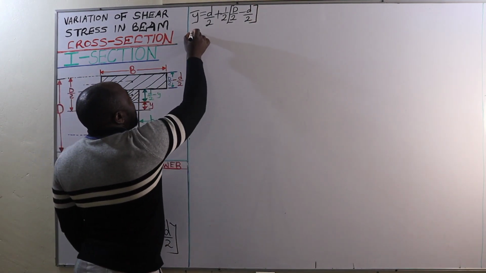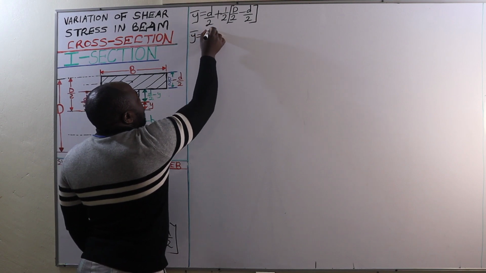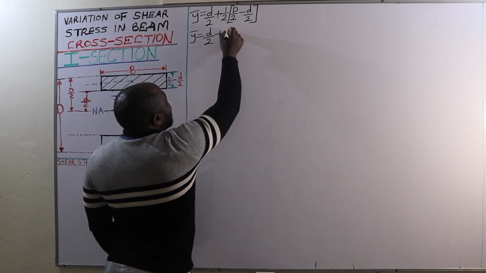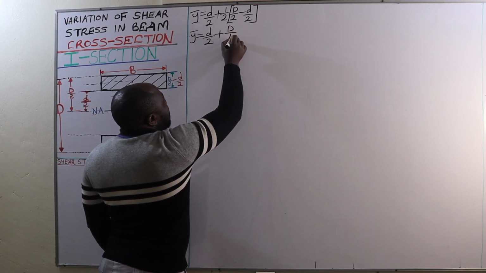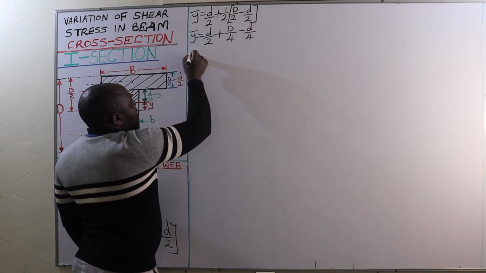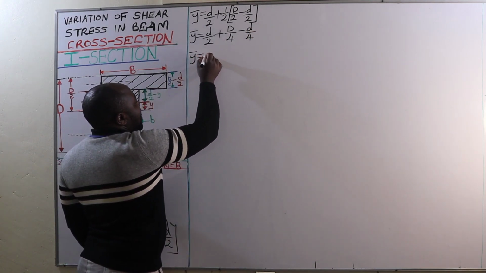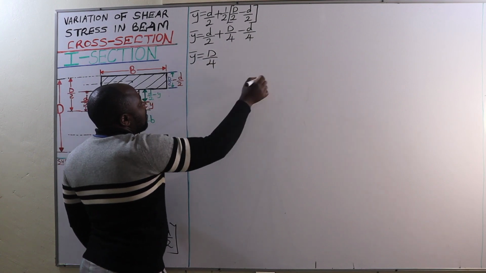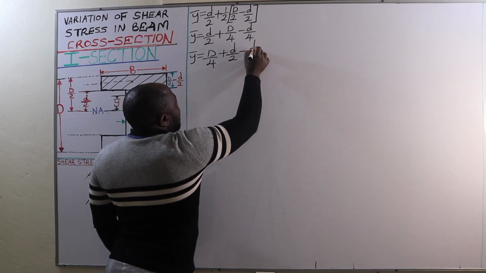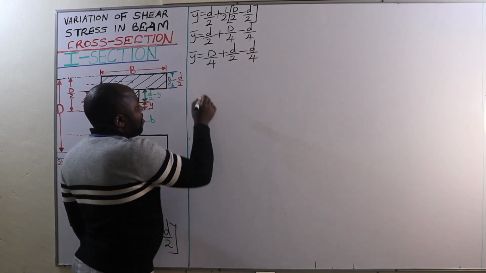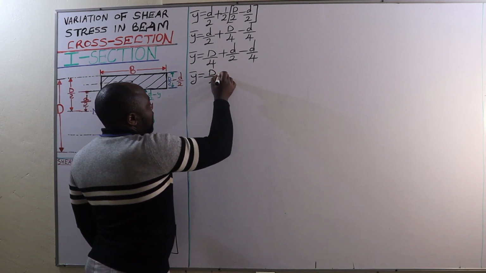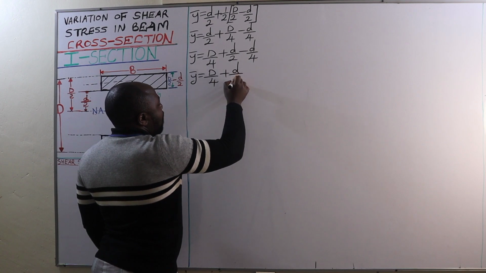Solving for bar y will lead us to d over 2 plus, opening the brackets, d over 4 minus d over 4. This will result to d over 4 plus d over 2 minus d over 4, which will finally be d over 4 plus d over 4.